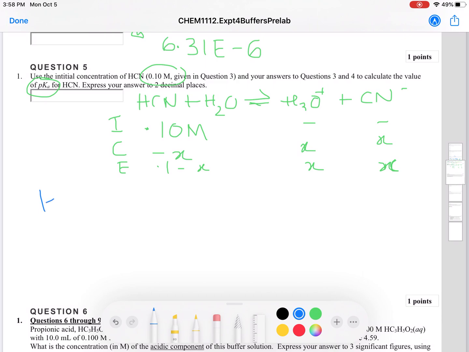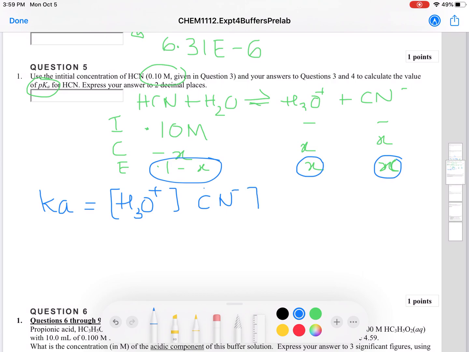Ka, which is the acid dissociation constant, is the hydronium ion concentration times the cyanide ion concentration, divided by the hydrogen cyanide, HCN. We do not consider water because we use a lot of water. Water concentration can be considered constant since we use it abundantly.